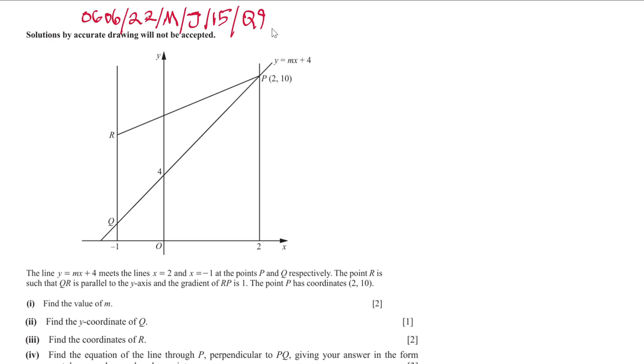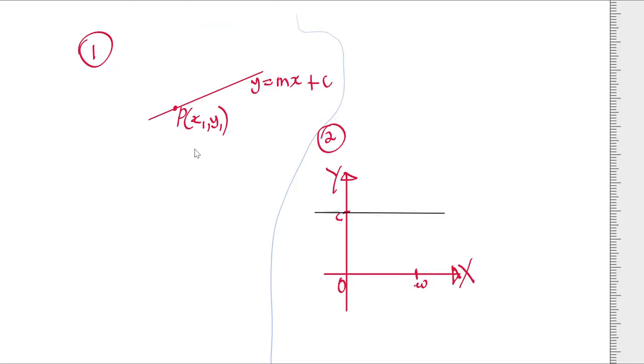Let's first of all have a recap of some key points. First key point, we have that the equation of the straight line is y equals mx plus c. Now the point P lies on this straight line, so we can substitute the point P into the equation of the straight line.